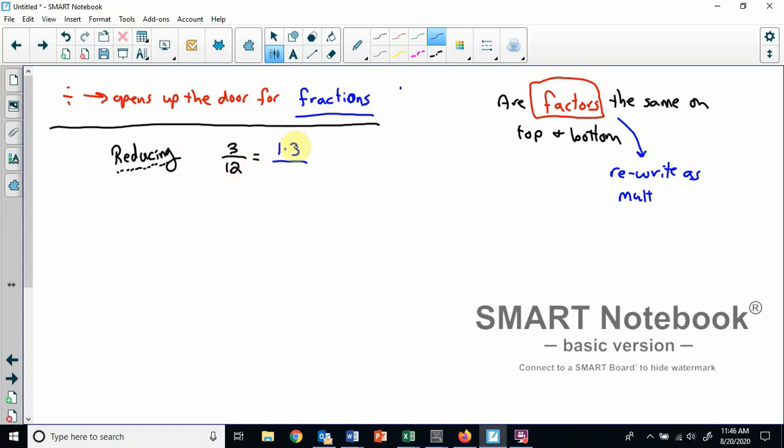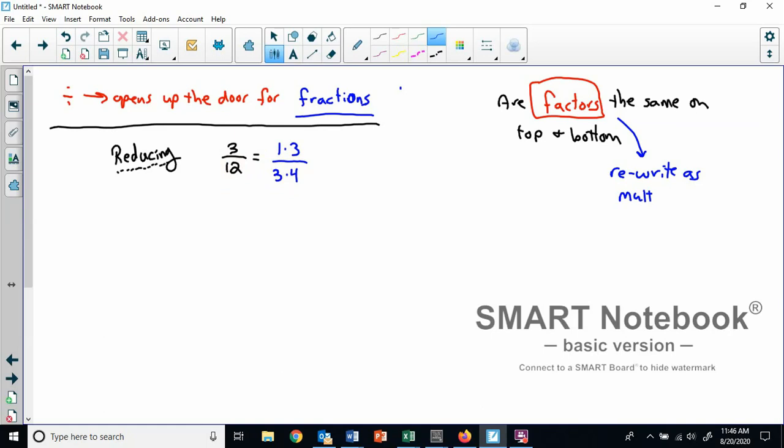Is 1 or 3 a factor of 12? Well, 1's not going to give me anything, I don't care about 1. But 3 is, because I know that 3 times 4 equals 12. So I have rewritten 12 as 3 times 4.